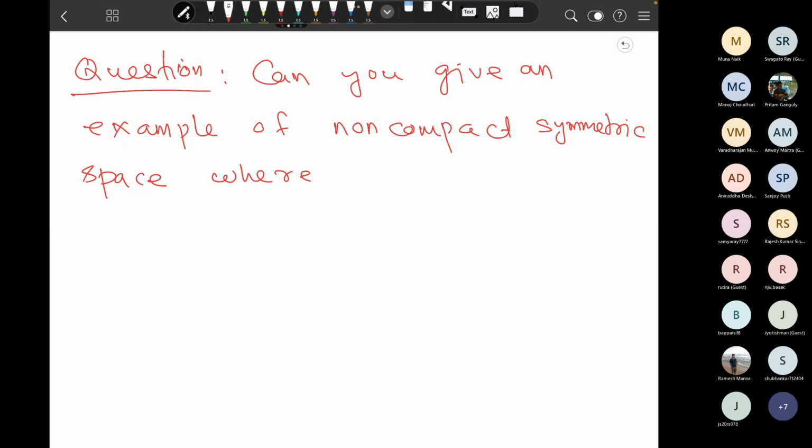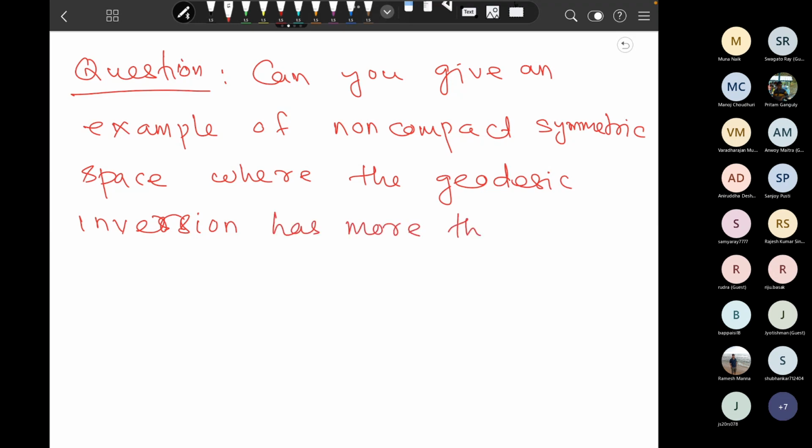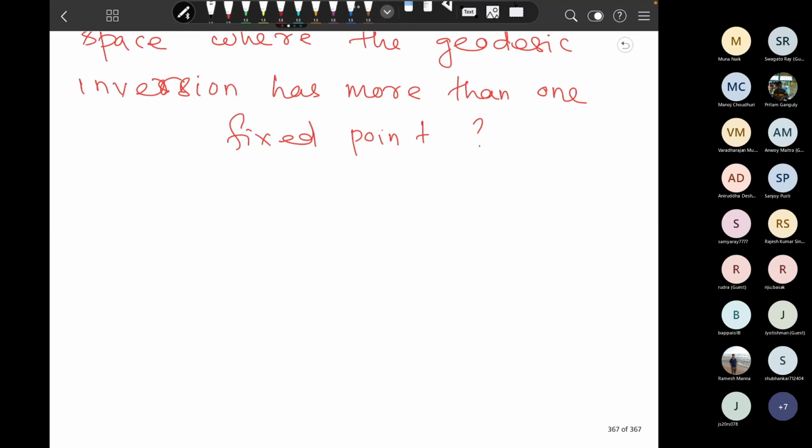Okay, where the geodesic inversion has more than one fixed point. So this is an easier example.